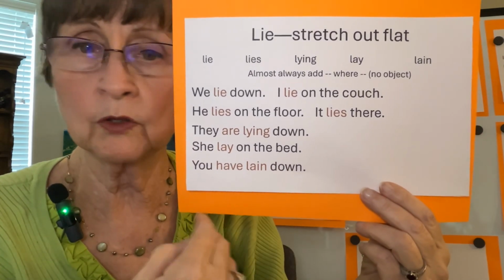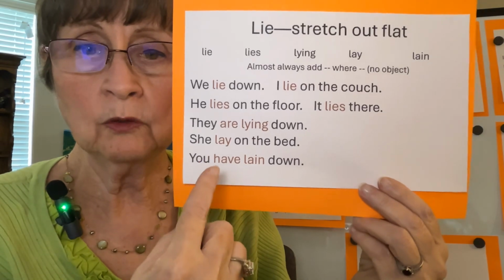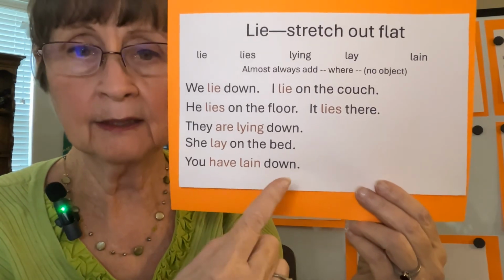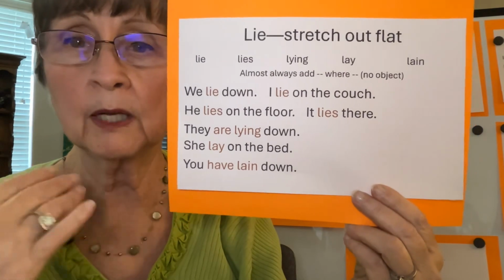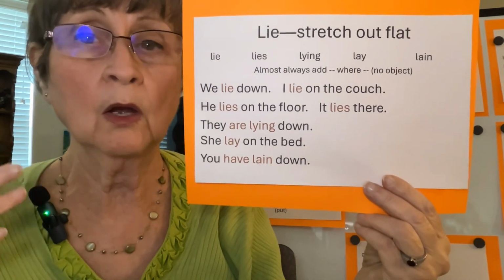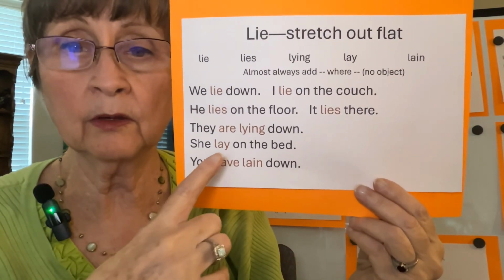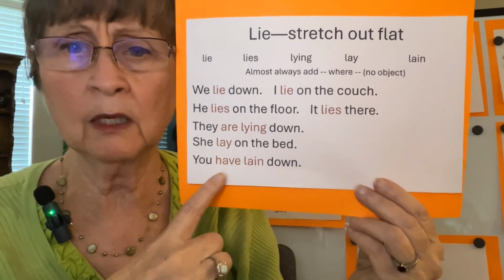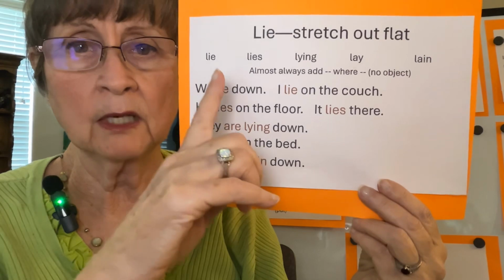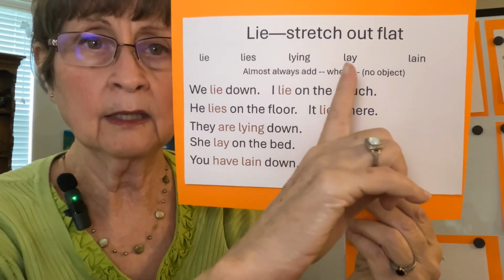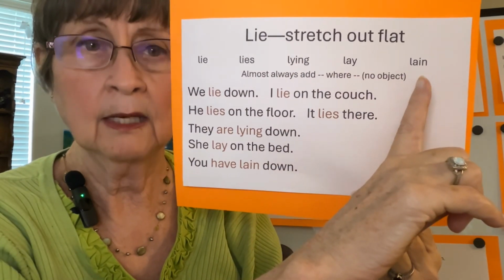It's past with no helper. You have lain down. It's in the past. It has a helper because I'm not telling you when exactly. Here, we pretty much know when. Here, we don't know when, but it's already happened. So that's lie, lies, lying, lay, laying.